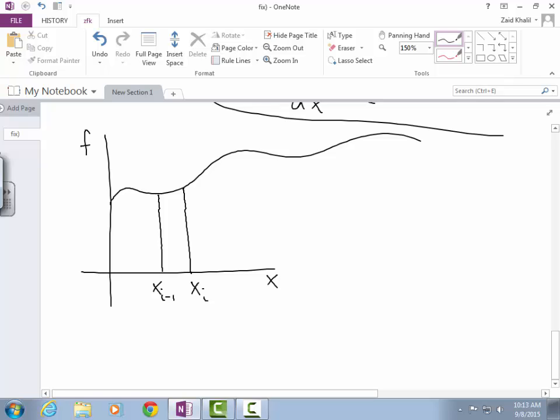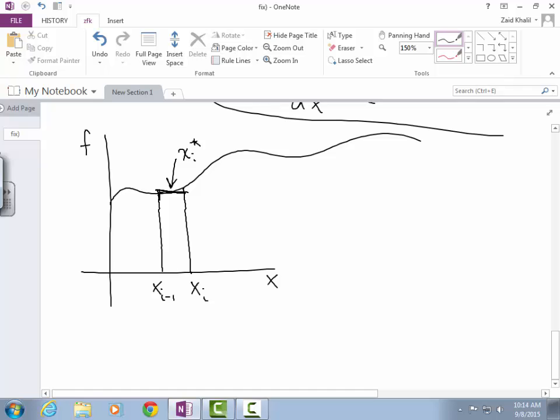And what is the area of that box, that rectangle? Be careful. There is some point in between x_{i-1} and x_i where you're evaluating this function. I'll call this x_i star.